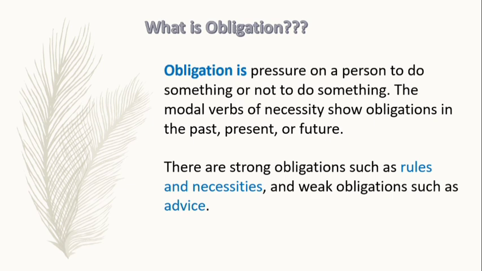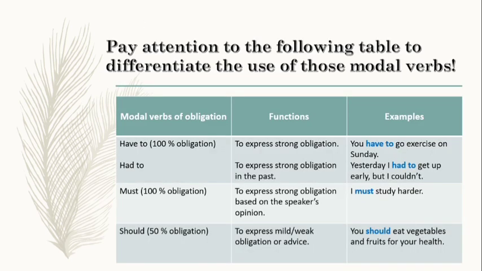To help you understand more about strong obligation and weak obligation, let's turn to the next slide. Pay attention to the following table to differentiate the use of those modal verbs.